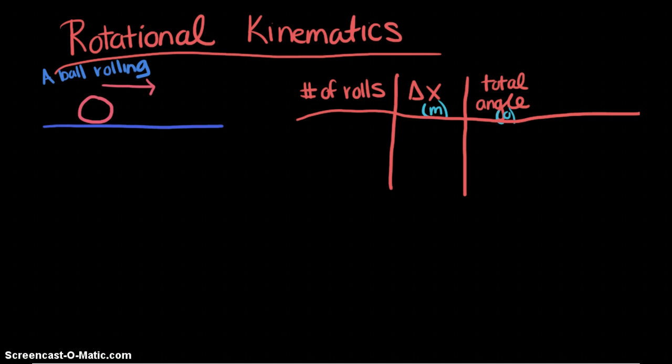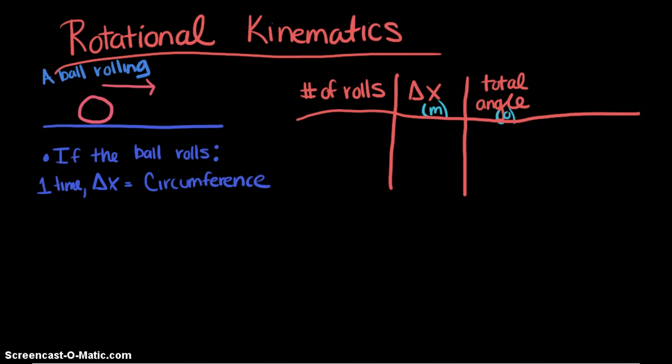So, for example, if the ball rolls one time around, so one complete rotation here, then the delta x would be equal to the circumference of the ball. I know that circumference is equal to pi d, or 2 pi r.